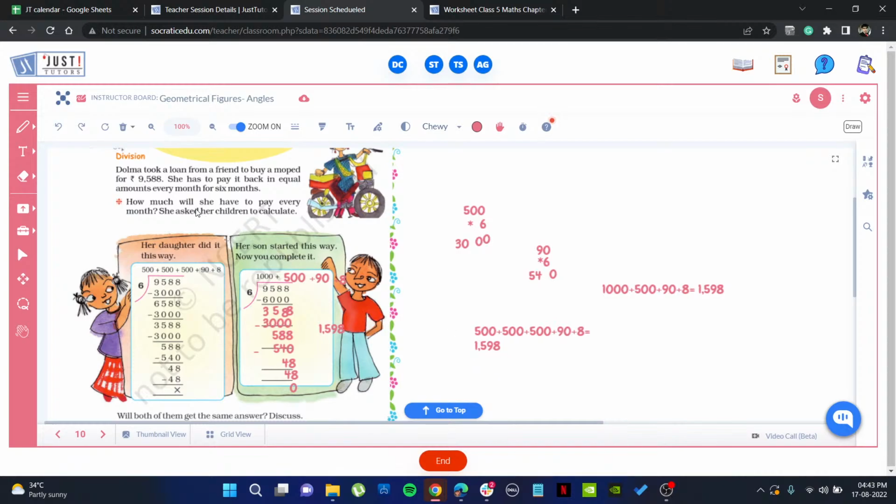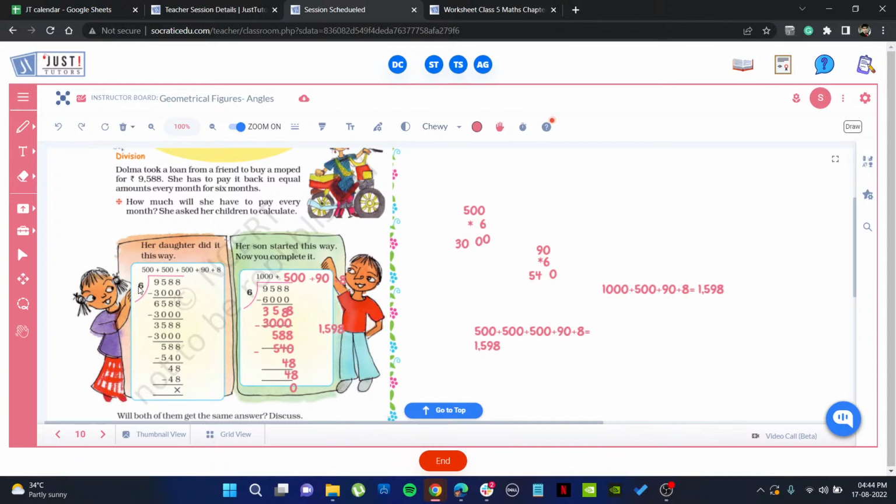But Dolma's son has solved it in some other way. Instead of multiplying it by 500, her son has multiplied by 1000. So if we solve it in this way, we are getting the same answer. The only difference is the number of steps.